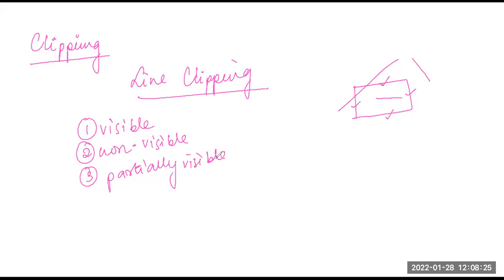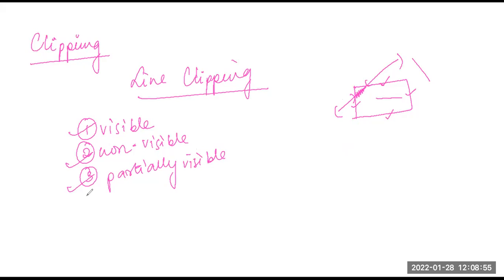Partially visible means that part of it lies within the window. That means this part of the line falls within our window, but this part and this part are outside. So three categories of line segments can be there. One is the line is totally visible, that we will include. Another is the line is totally non-visible, that we won't include. Another is the line is partially visible.